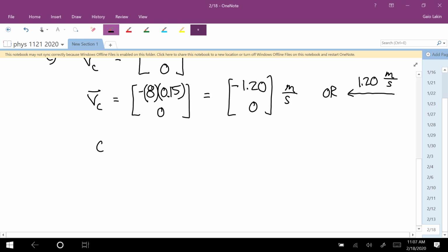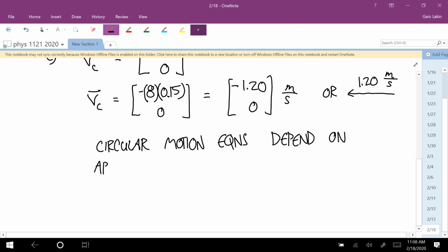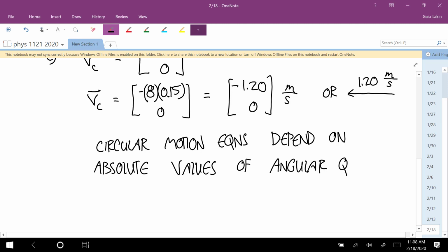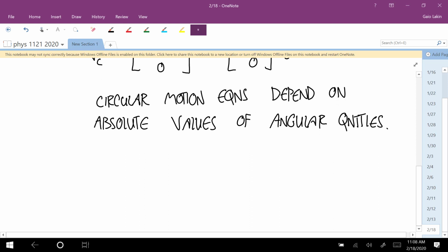So the circular motion equations depend on absolute values of the angular quantities. Those are the ones that say the magnitude of the velocity is equal to the absolute value of angular velocity times r.